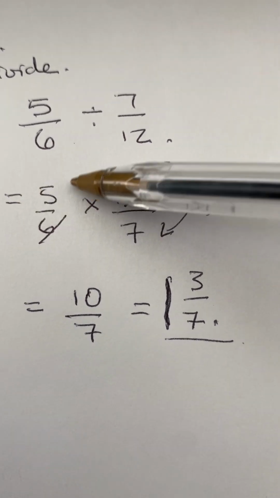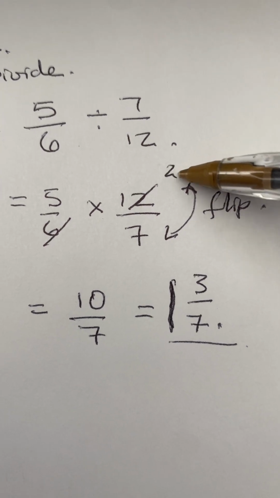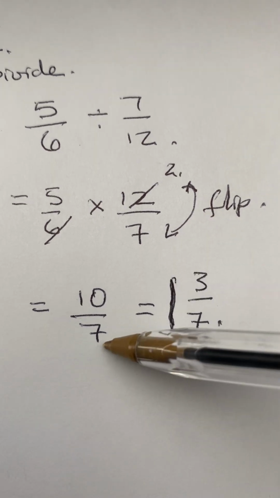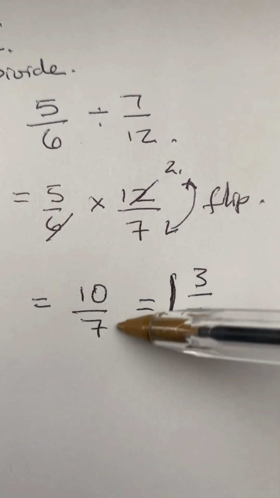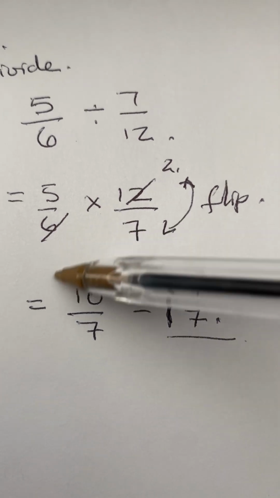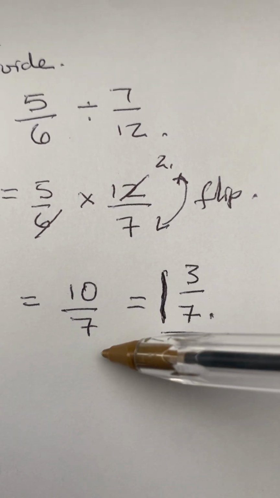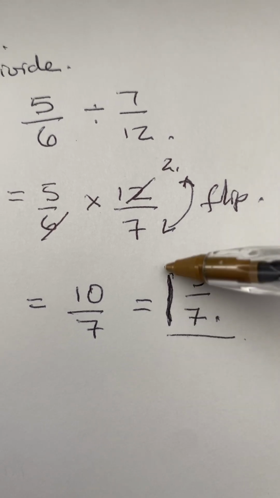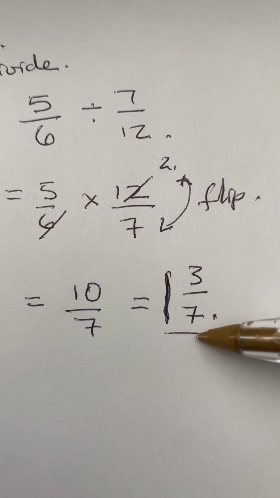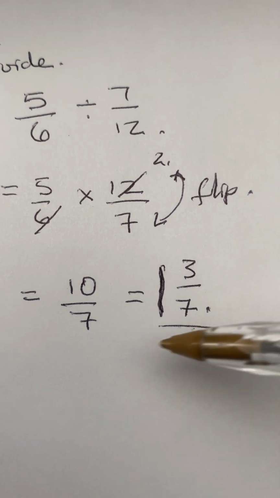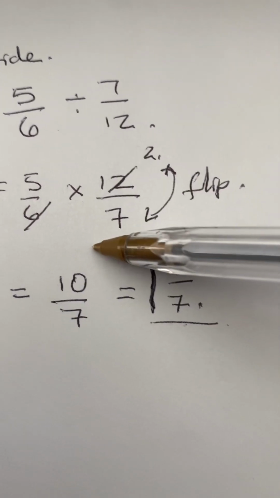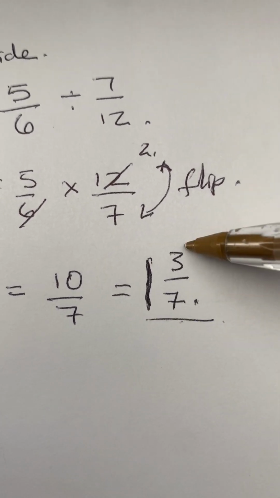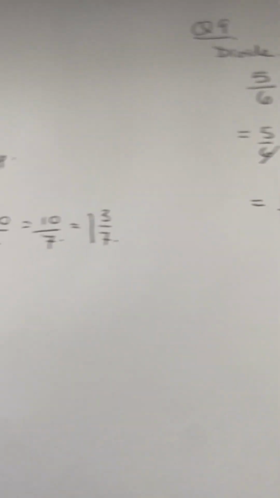So 5 times 2, only the numerator, is 10. 1 times 7 is 7. So here again, our answer is 10 over 7. And then we have a mixed fraction of 1 whole number, 3 over 7. We can decide to leave the answer this way, or we can go ahead and leave it as a mixed fraction.